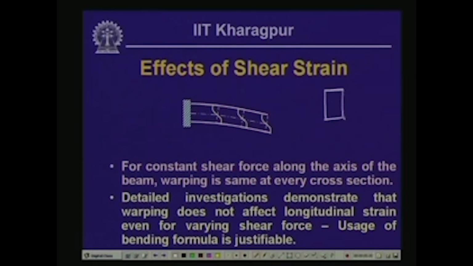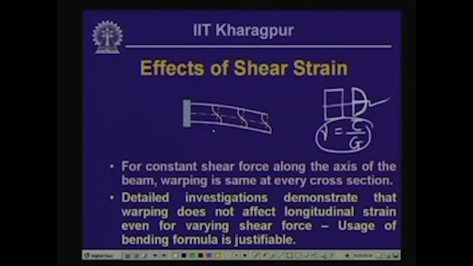As we have seen, the shear stress in such a section varies parabolically, so the shearing strain gamma, which equals tau by G, also varies parabolically. At the neutral axis, since the shearing stress is higher, the corresponding shearing strain also is high.